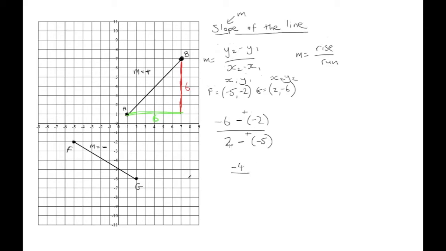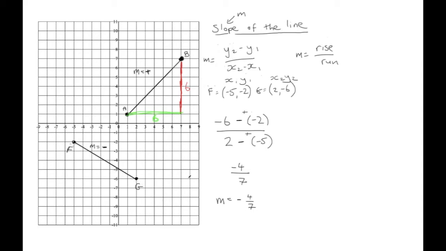And then we have 2 plus 5. So 2 plus 5 is 7. Now, this is actually going to give us a fraction because we can't divide 7 into 4 equally. So we leave it as a fraction. Now it's a minus number on top, so the slope is minus 4 over 7.